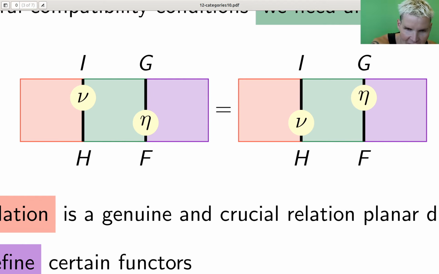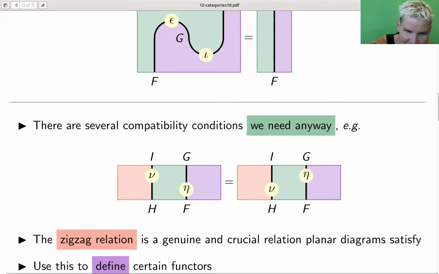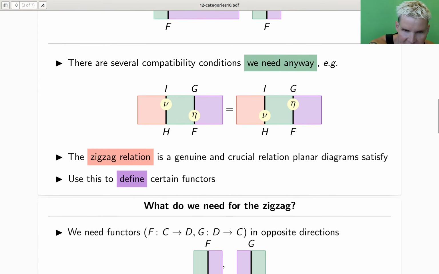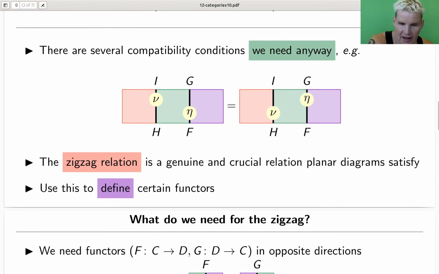So both of these are completely harmless looking operations that we definitely want to impose. Yeah, zigzag, and the other one is called the interchange law. And planar diagrams, that's what you want to do with them, right? Otherwise it's boring. You want to pull strings.